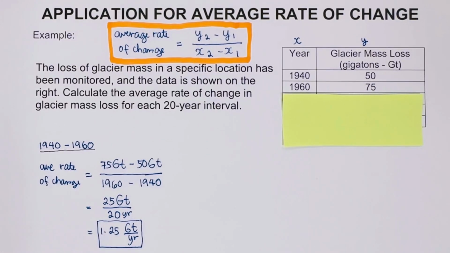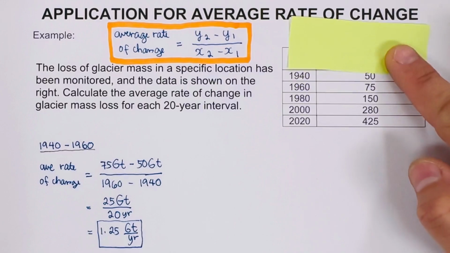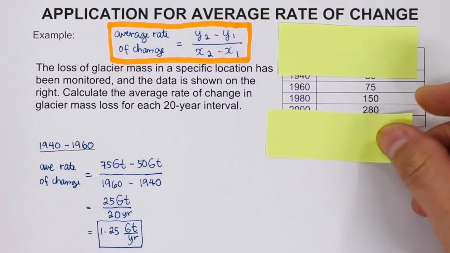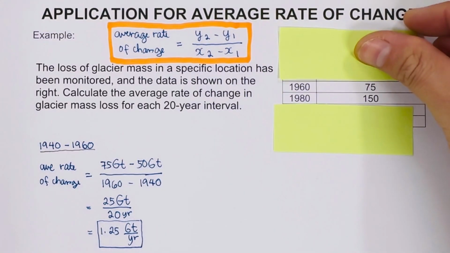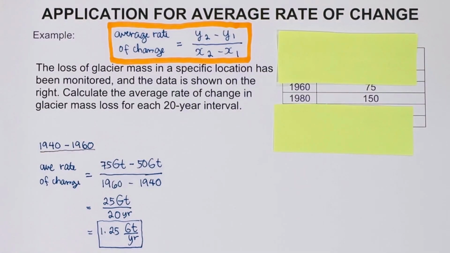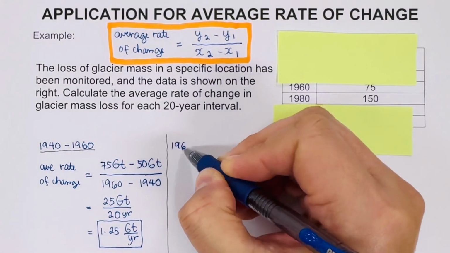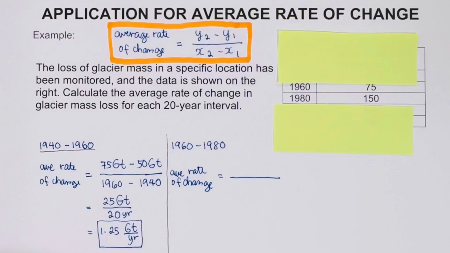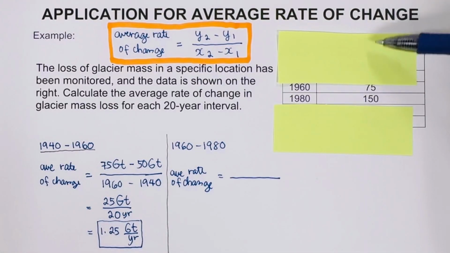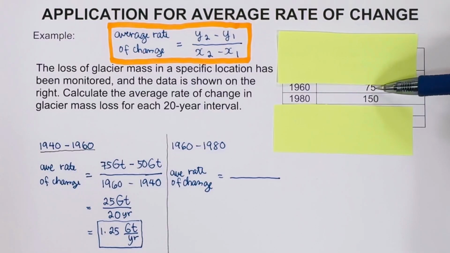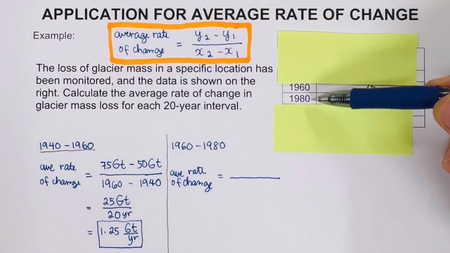Now let's have the average rate of change from 1960 to 1980. So I'm just going to go ahead and cover that up here, and I'm going to show the work on the side here. So for the average rate of change, remember this is the Y column and this is the X column. So this is Y1, Y2, X1, X2.